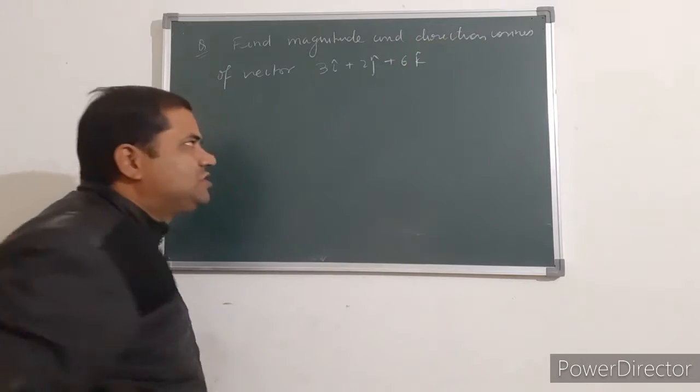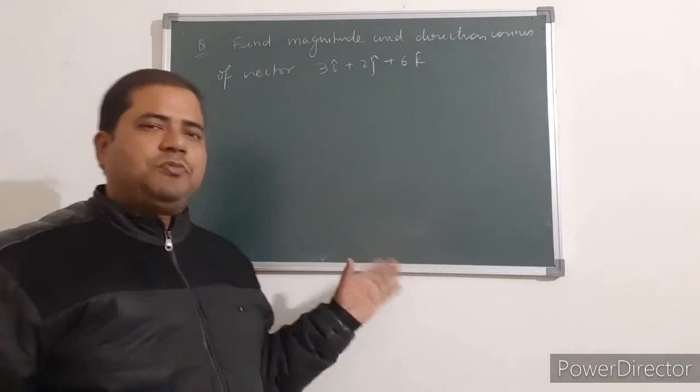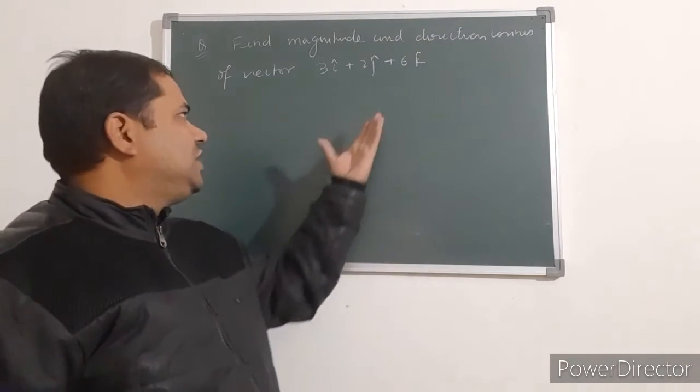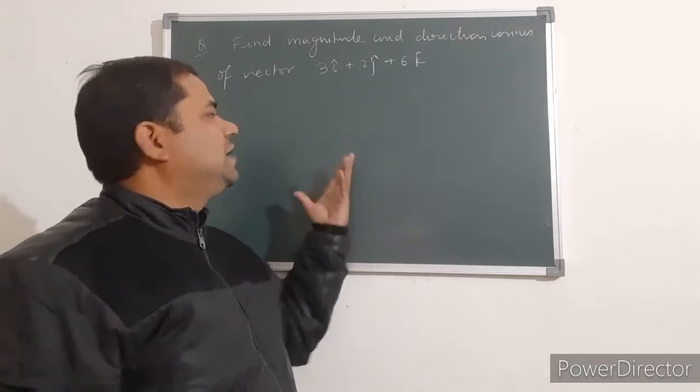This is a very important question. From the vector, you have to find the direction cosines and magnitude.